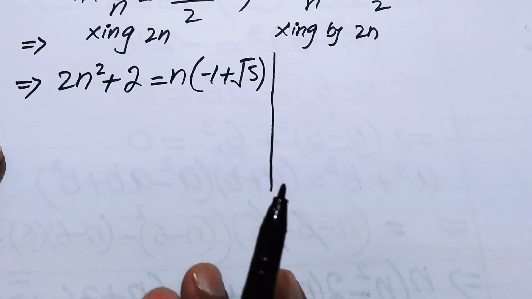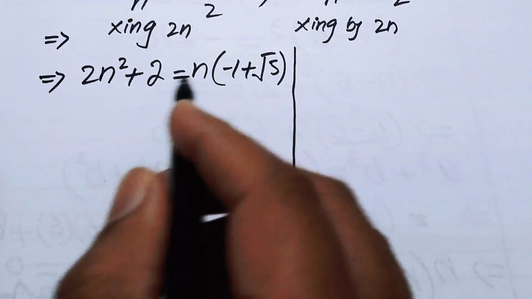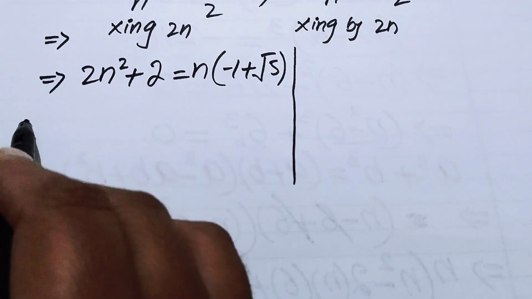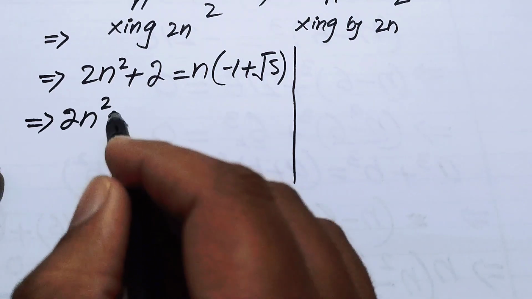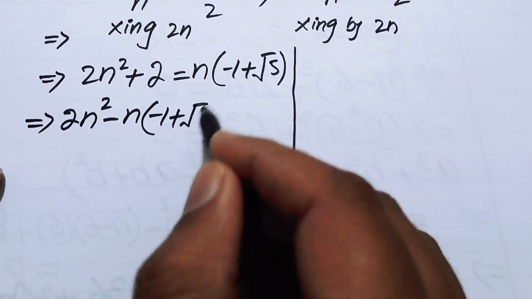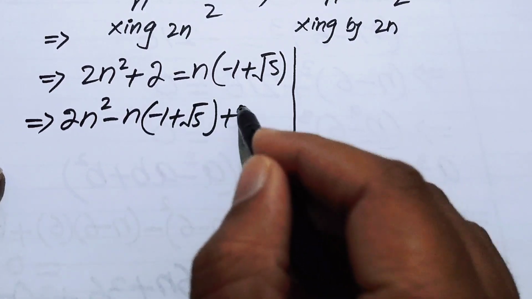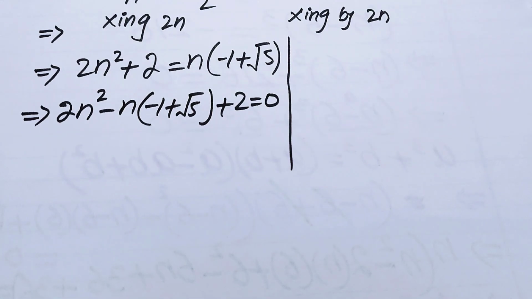So this is our first case. First I can solve this one, and after that we solve the other case. Now we move this equation to the left hand side, and it becomes a quadratic form. So you have 2n squared minus n times minus 1 plus square root of 5, plus 2 equals 0. This equation looks like a quadratic equation in the variable n.